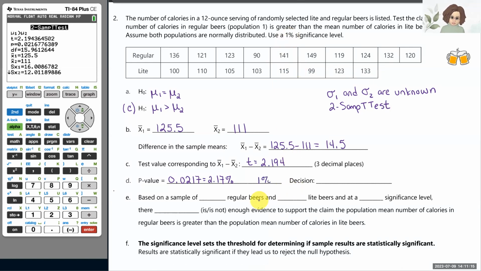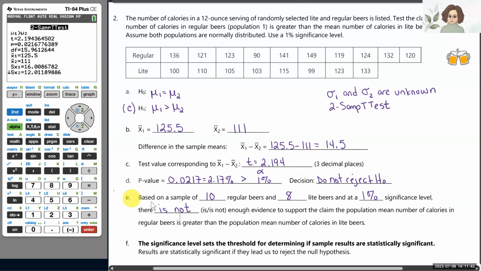Comparing our p-value to an alpha of 1%, our p-value is greater. So we do not reject our null hypothesis. Based on this sample of 10 regular beers and 8 light beers, at a 1% significance level, there is not enough evidence to support the claim that the population mean number of calories in regular beers is greater than the population mean number of calories in light beers.